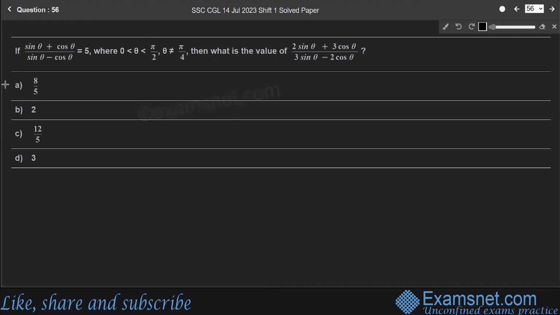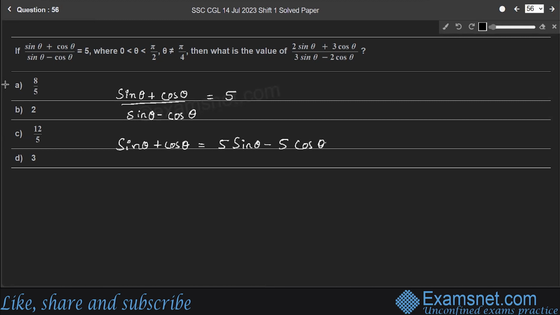Sine theta plus cos theta whole divided by sine theta minus cos theta is equal to 5. Let us rearrange this. Sine theta plus cos theta is equal to 5 times sine theta minus cos theta, which is 5 sine theta minus 5 cos theta.